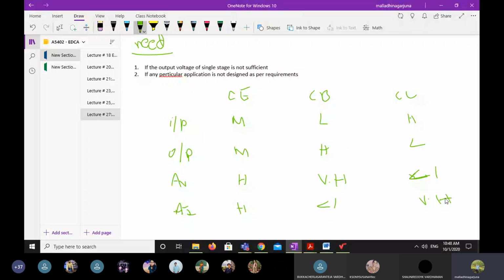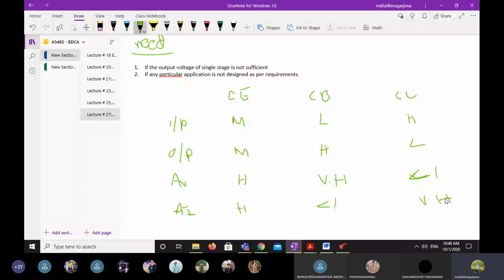Now let us come to the point. If any particular application is designed as per requirements, for example, I want to design an application circuit which has low input impedance and low output impedance, followed by high voltage gain and high current gain.